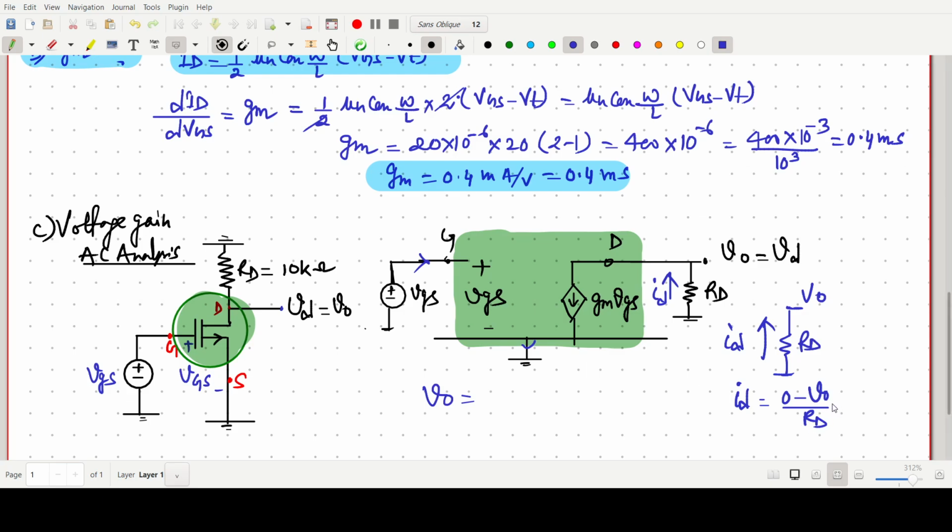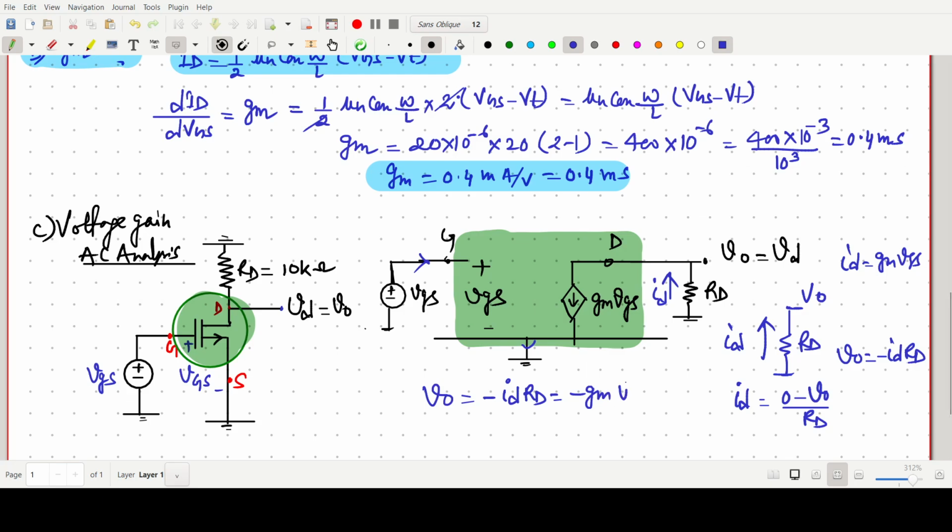So V naught will be, I am writing, V naught equals minus ID RD, and ID is nothing but simply our GMVGS.